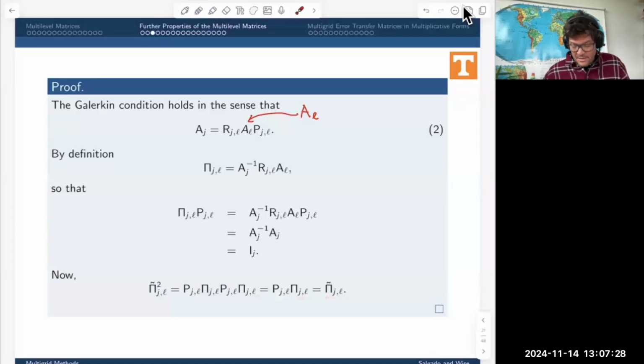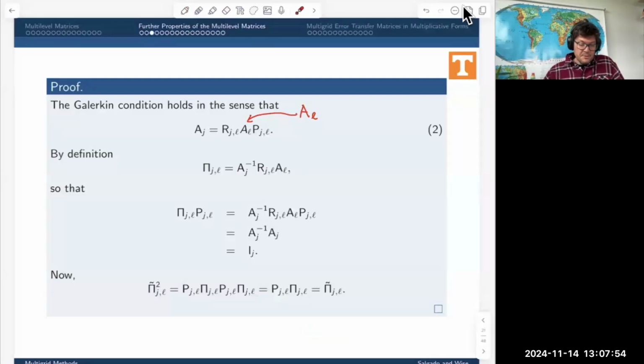So that's an easy way to see that this matrix pi JL tilde is a projection matrix. Remember, that's the property of a projection matrix. Any matrix that has the property that B squared is equal to B is what we call a projection matrix. So that's a projection matrix.